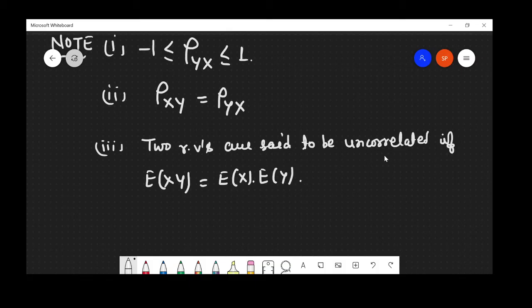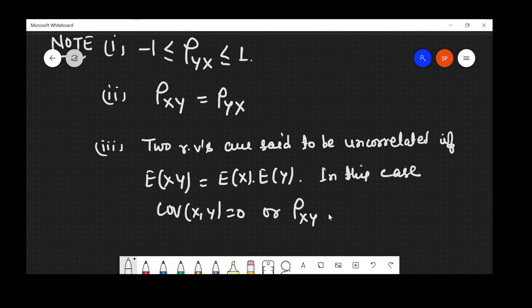Uncorrelated means not linearly related. In this case, we can write the covariance of xy is equal to 0, or the correlation coefficient between x and y is also 0.